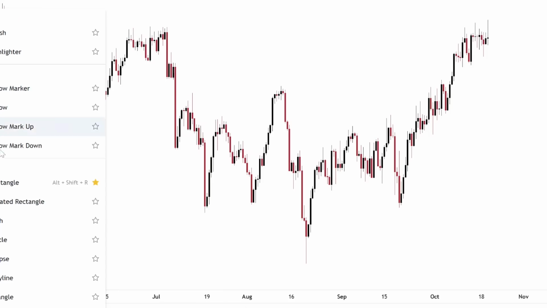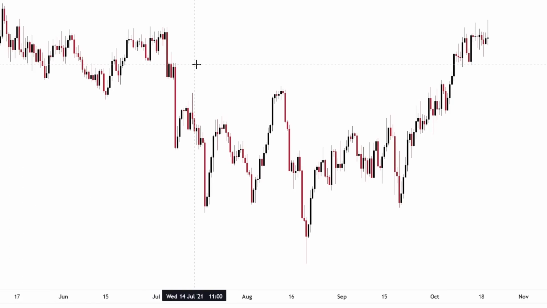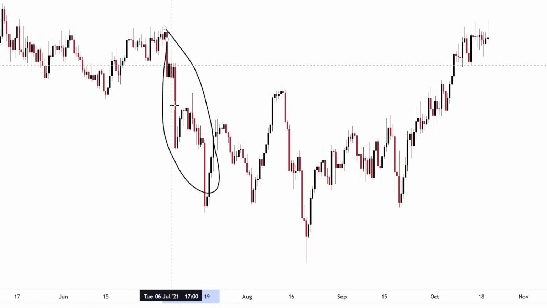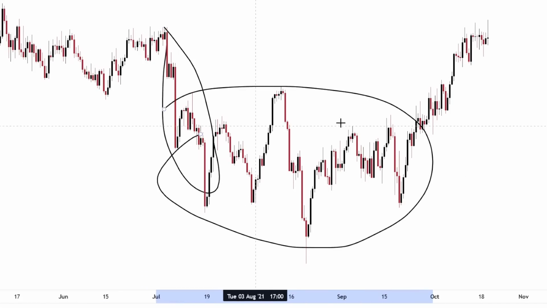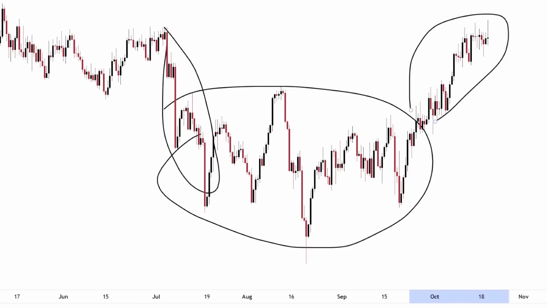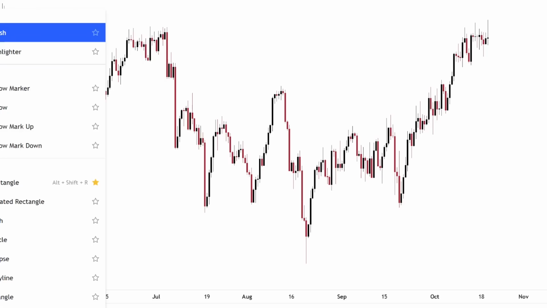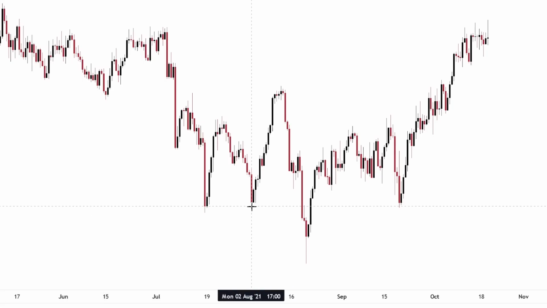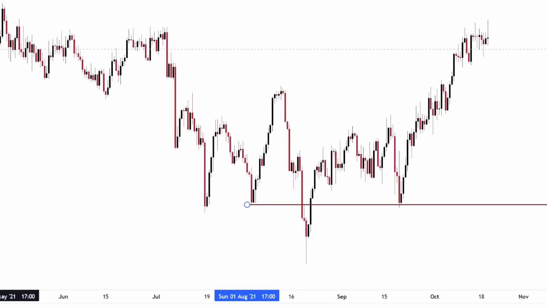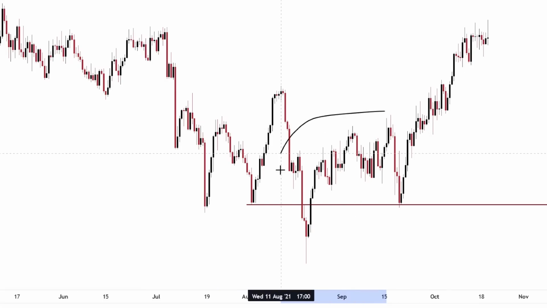So take a look at this example. Price had a direction, but went into an accumulation to change direction. Just how we explained previously. Now, what happened here? Price broke structure to the downside and started a micro bullish trend.